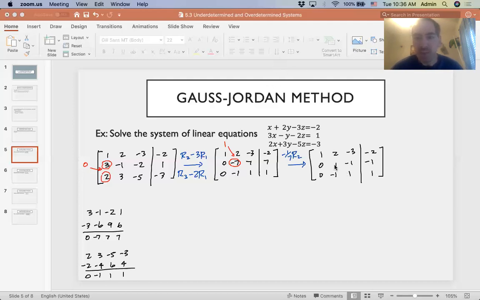Now that we've got the 1, we want everything else to become zeros. So we will do that by adding the additive inverse of row 2 to row 1, and row 3 plus the additive inverse times row 2. So row 1 plus negative 2 times row 2.